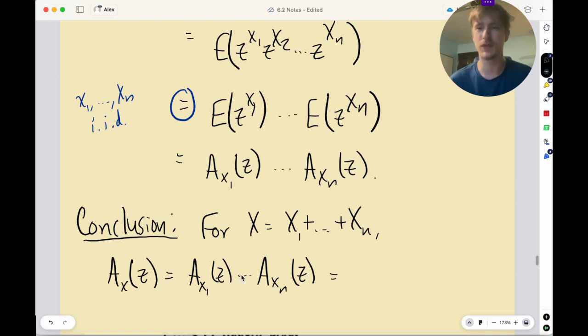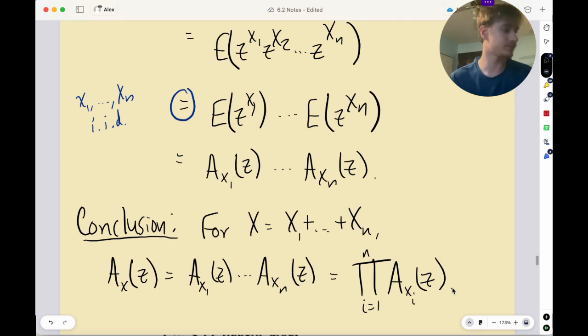And of course, sometimes you'll see the product symbol is just a big old pi. So you'll see that, maybe from i equals 1 to n of the generating function of Xi of z. So there we go.